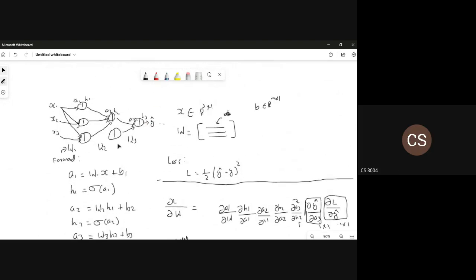The thing is that for this neuron, let's say I focus here, things are connected through. Let me say this is W00, this is W01, this is W02. I place these three weights as a row in a weight matrix.